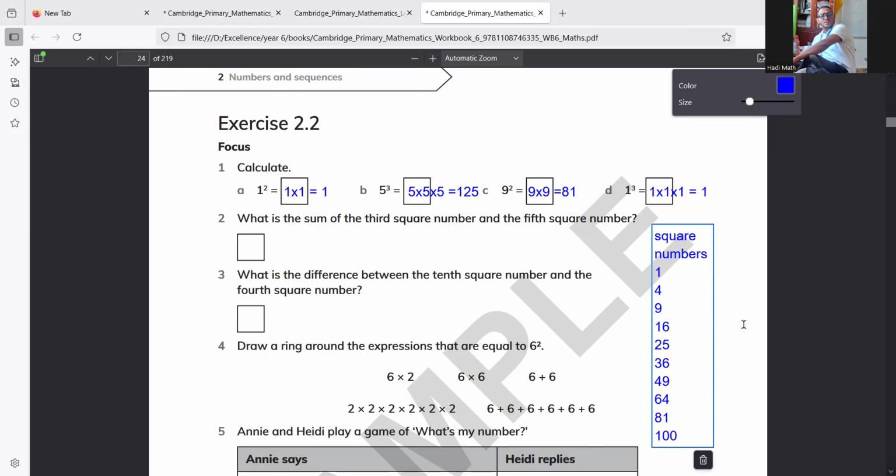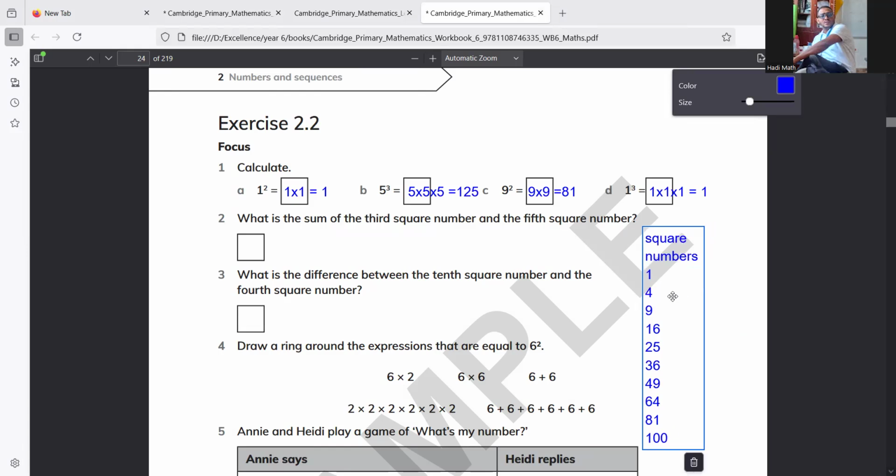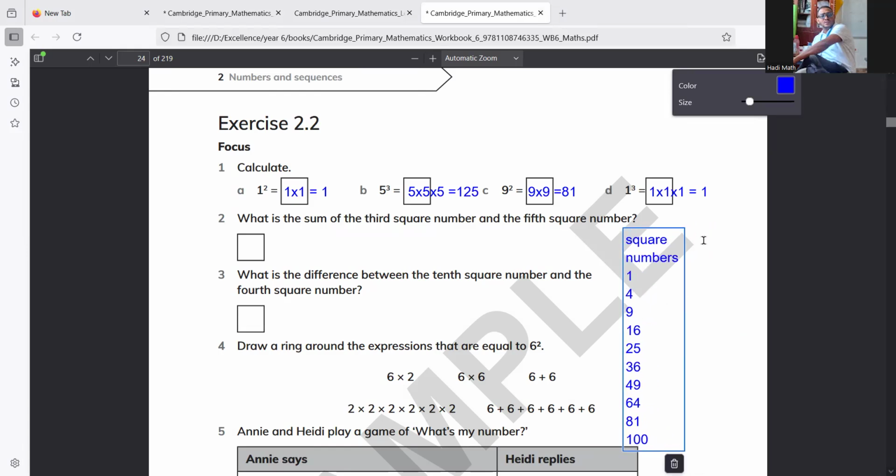And the same idea applies when we're talking about cube numbers. Remember, the first cube number is 1, because 1 multiply 1 again is equal to 1. Then the second cube number is 8, because 2 multiply 2 is 4, and then 4 multiply 2 is 8. Some people say 6. It's a common mistake. Don't do it.